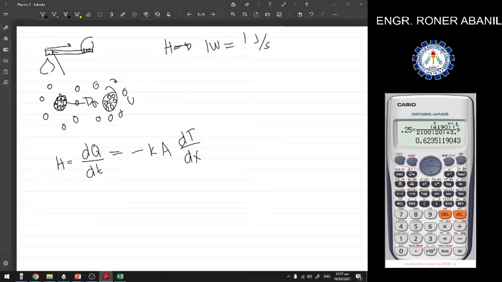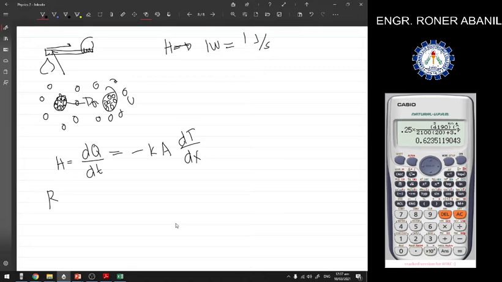Okay? So for thermal insulation naman in buildings, yung mga engineer is ginagamit yung concept ng thermal resistance na tinatawag na R, denoted by R, no?